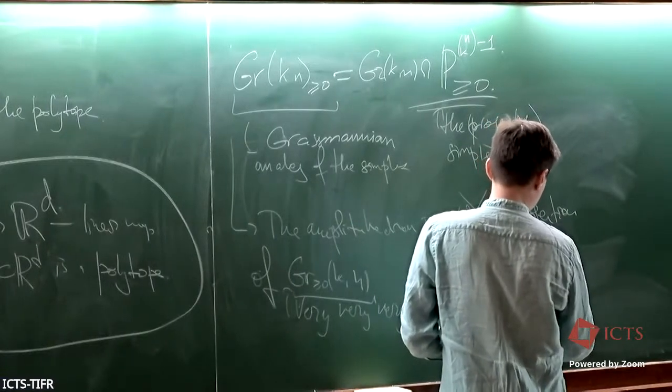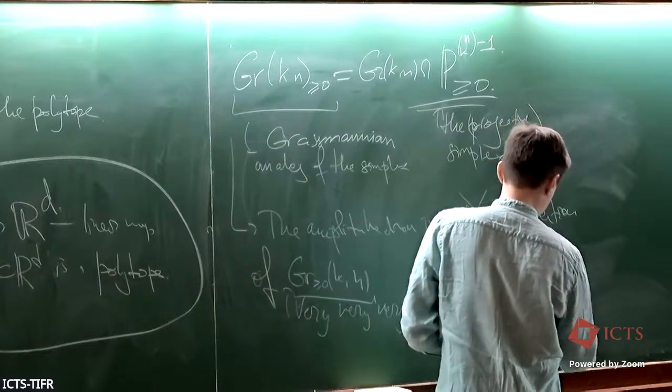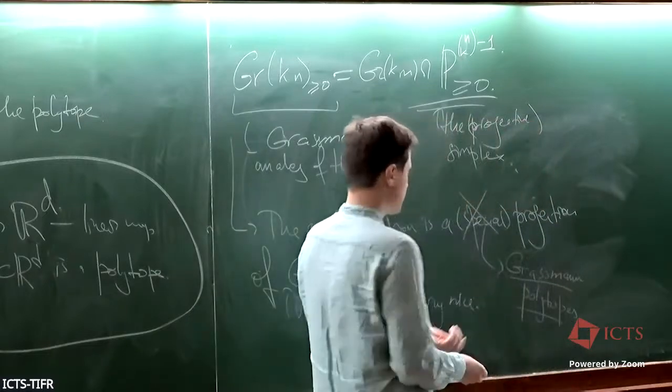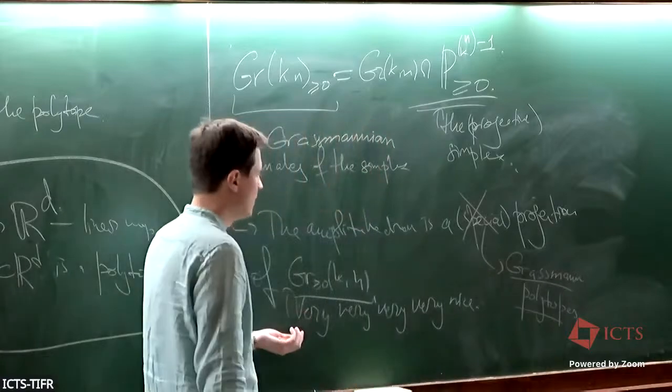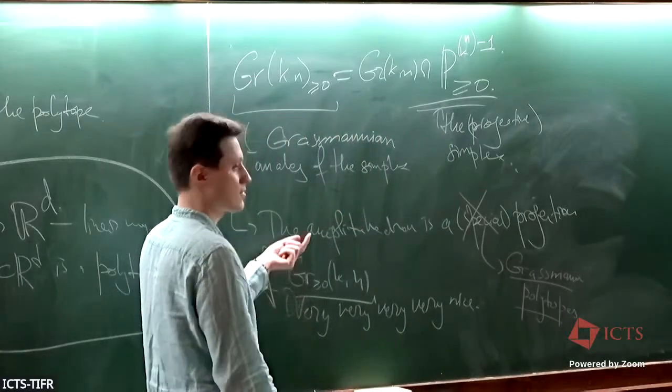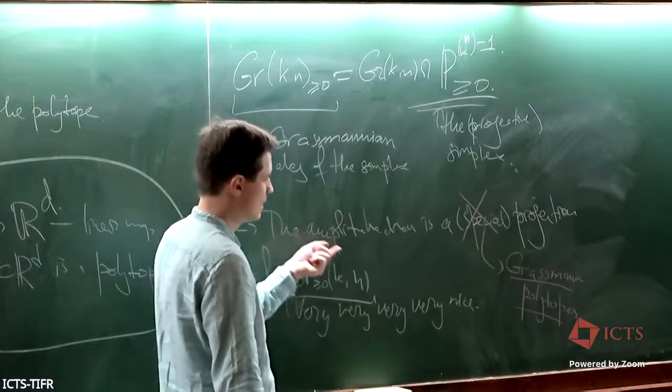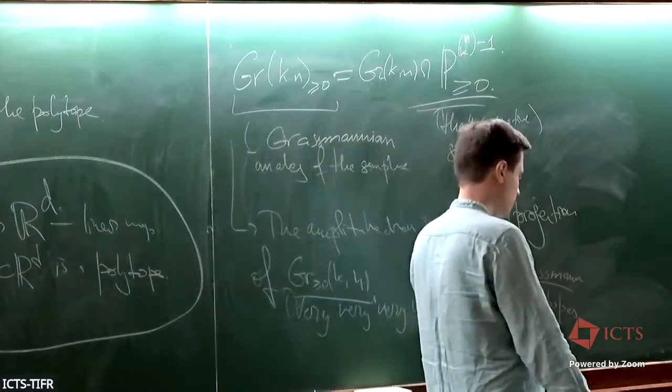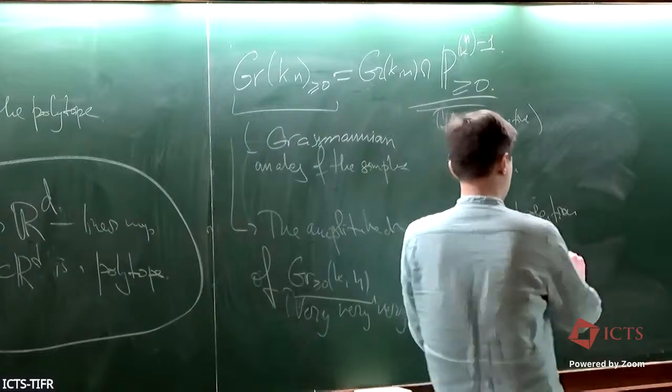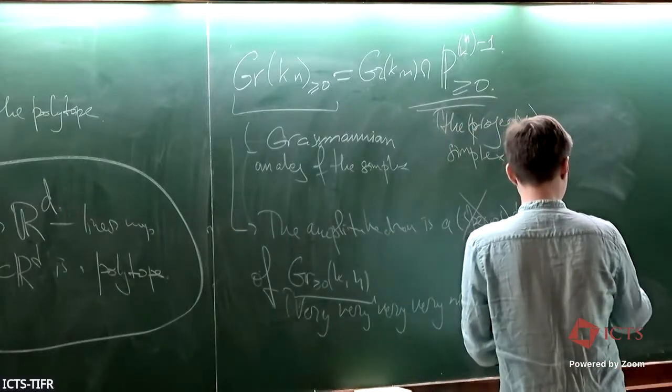Those are also interesting geometric objects to study, but their behavior is not as nice as that of the Amplituhedron. For instance, it is conjectured that all Amplituhedra are positive geometries. Many Grassmann polytopes are positive geometries, but some are not. So those are not necessarily positive geometries, but sometimes they are.